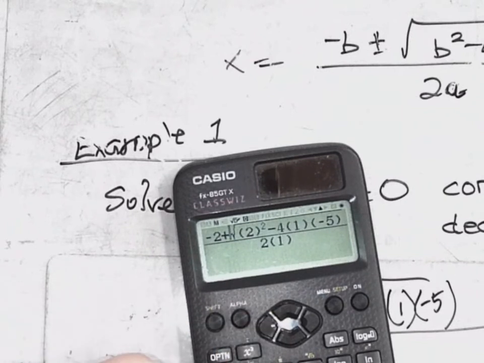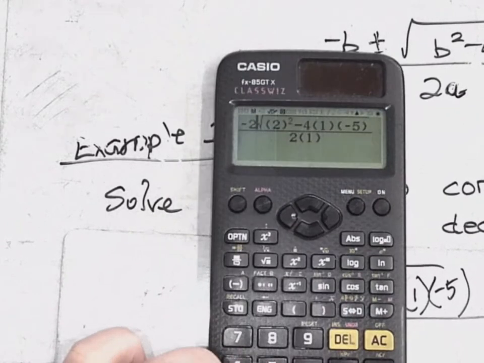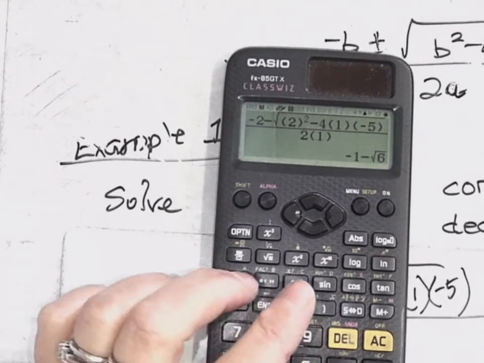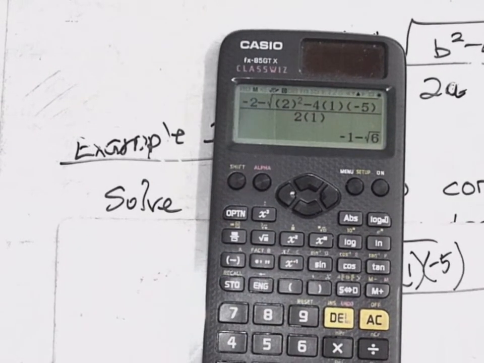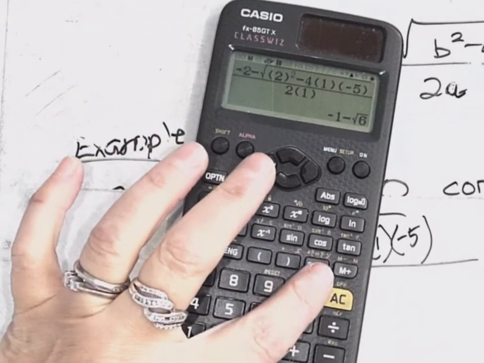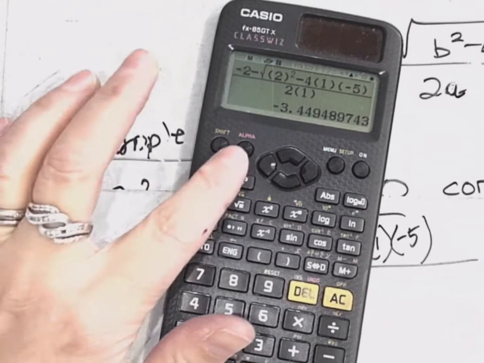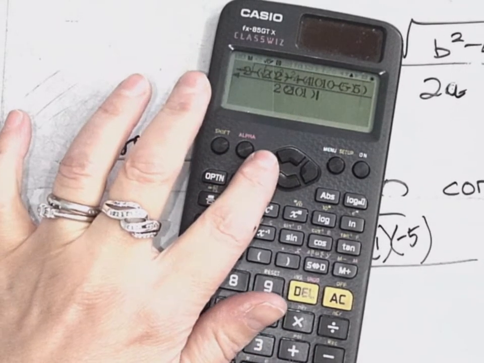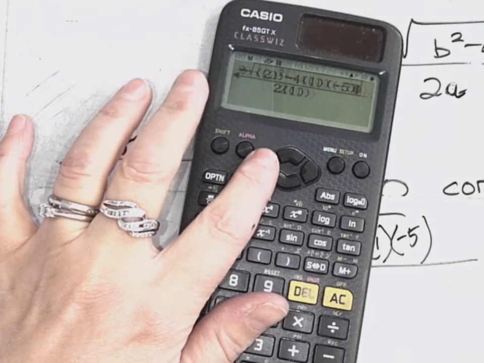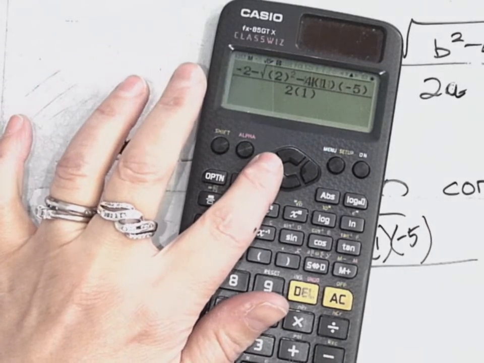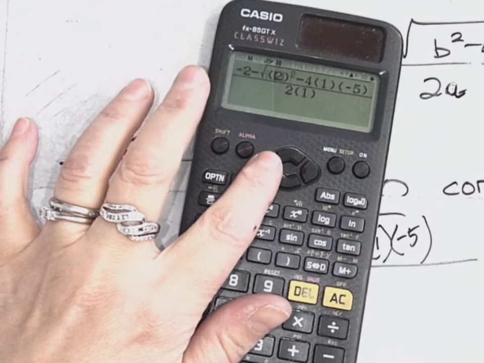Delete and change that to a minus. So my second answer is -1 minus √6. And then you press S to D, which will turn it into a decimal. So that's -3.4494... And the other one is, I should have changed it to a decimal before I went back and changed it.